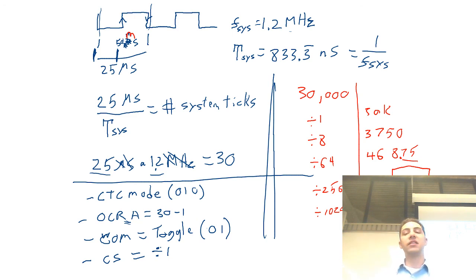So if I multiply the system clock period by 8, I end up with 6.67 microseconds. If I multiplied it by 64, I get 53.33 microseconds. And then I could take that original number, 25 microseconds, and divide it in. I feel like I've made a small mistake somewhere, but I'm not quite sure where it is.